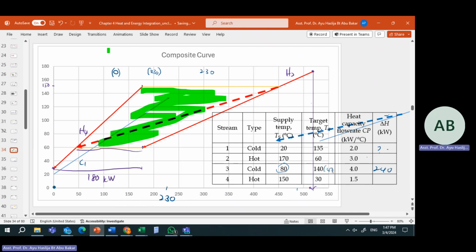Next one, 470. So here is 230. Starting from 80, 230, to 140, 470.